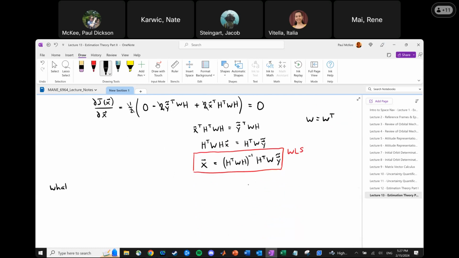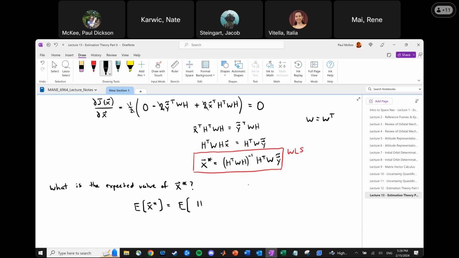So here's a question. What is the expected value of, oh, I should be clear, this is our optimal estimate. Sorry, apologies. What is the expected value of our optimal estimate? Well, we can answer that. So the expected value of our kind of best guess is equal to the expected value of, okay, let's think about this now.